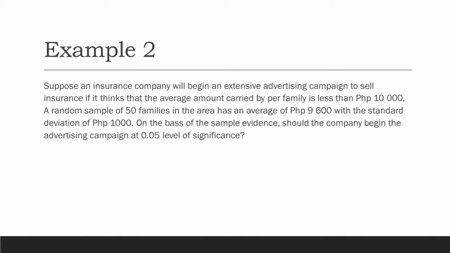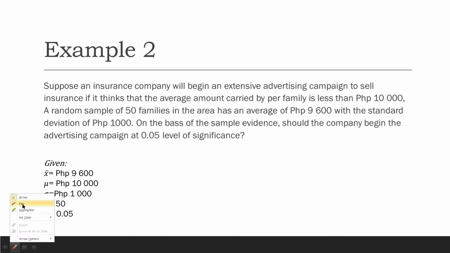So now, we have read the problem. So first thing to do is to write the given that we have. So the sample mean is 9,600. The mean is 10,000 peso. The standard deviation is 1,000 peso. So, hindi na natin kailangan mag-square root of 1,000 dahil ang given na natin ay mismong standard deviation na.